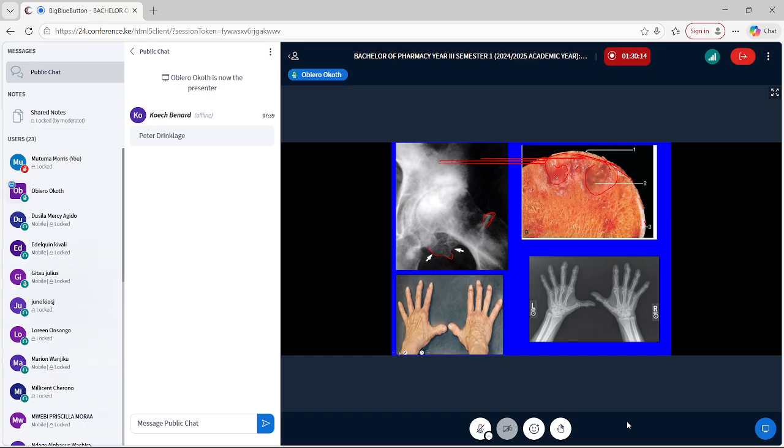Okay. That's a very good question. I normally refrain from being categorical on medications that are either naturopathic or what people call herbal medicine.